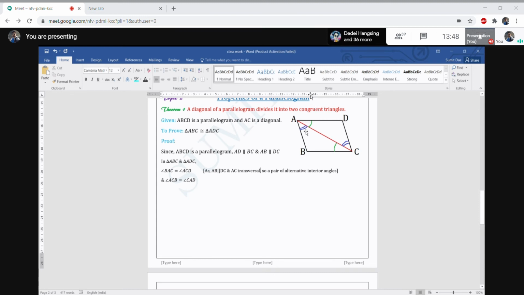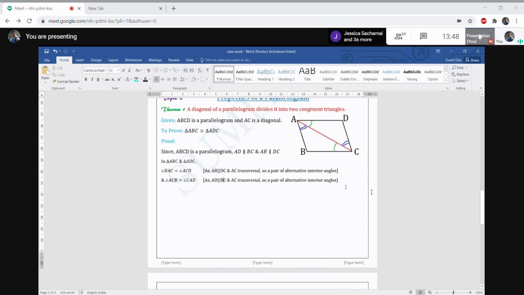You can see AB and DC are parallel and AC is the transversal, so these are a pair of alternate interior angles. Similarly, here AD is parallel to BC and AC is a transversal, so alternate interior angles.